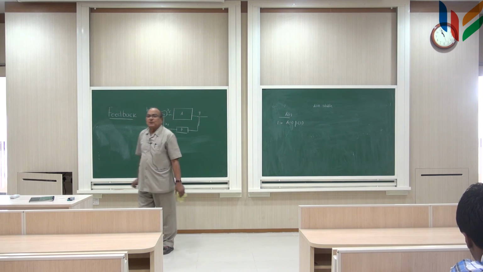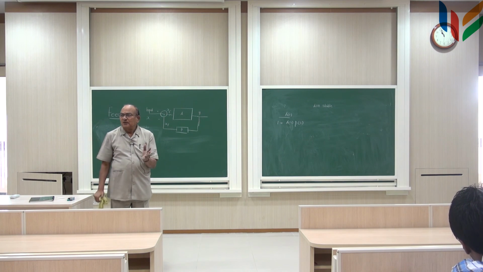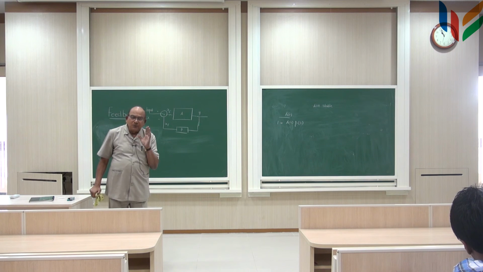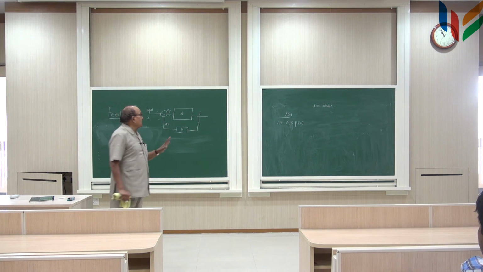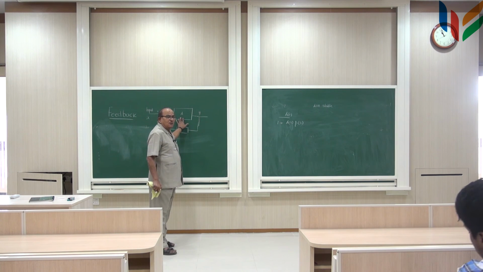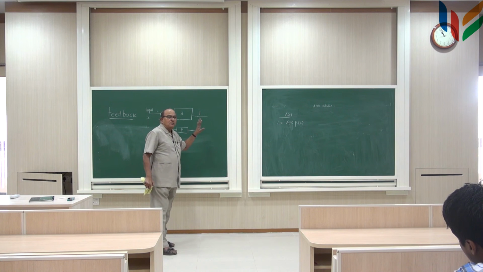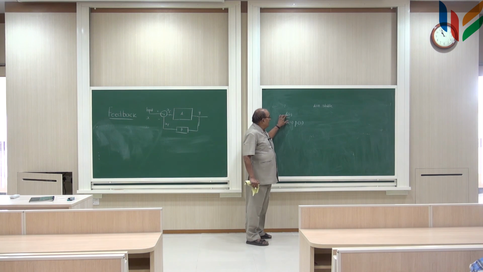If this amplifier is not stable, if it starts oscillating, then the amplifier has no meaning. So, the amplifier originally is assumed to be stable. What does stability mean? Poles of this are in the left half plane. So, A(s) will have poles in the left half plane. However, when you do this feedback, then you get a new transfer function.